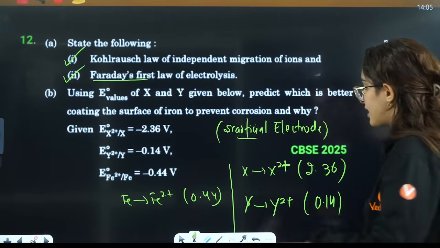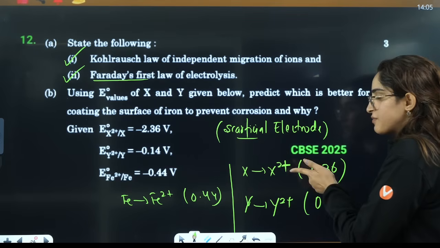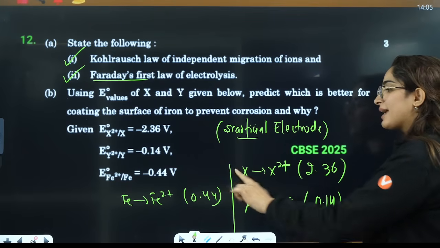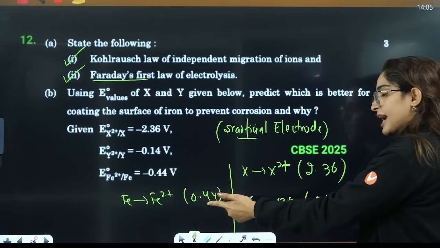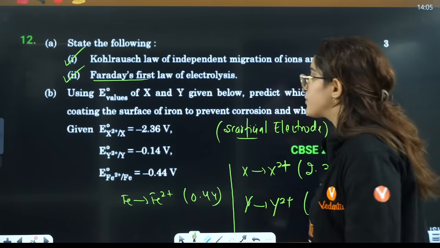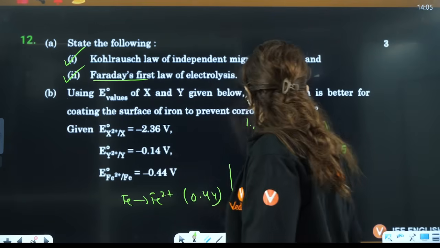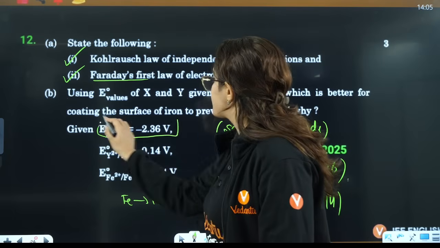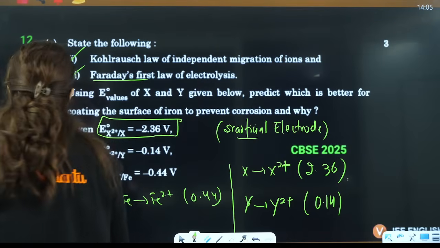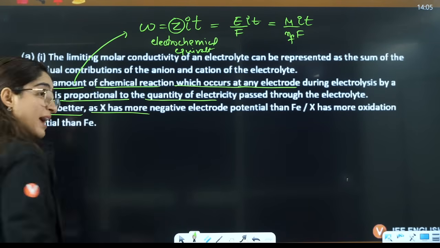So you can easily see which has more oxidation potential, this one. So this X will say, bro, you don't need to do anything, I am with you. Don't sacrifice yourself, I will sacrifice myself for you. So here X will be the sacrificial electrode. Okay, so the answer will be X is the correct answer. So you can say X is better.